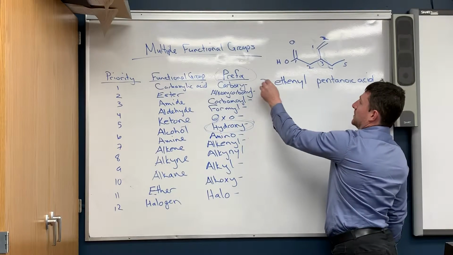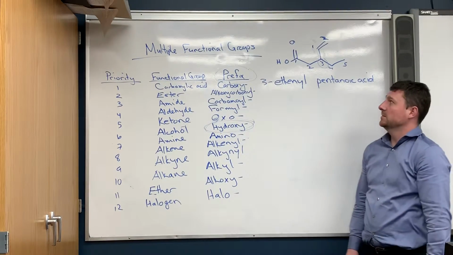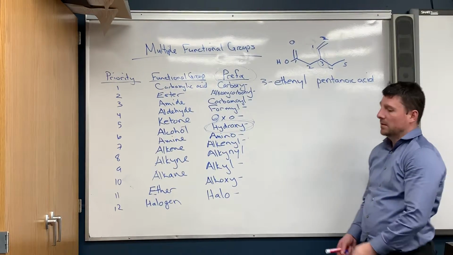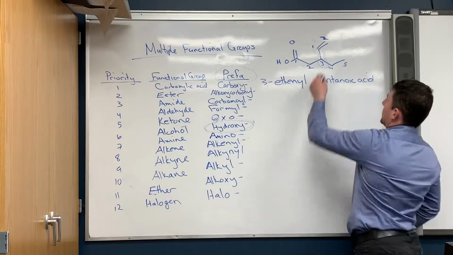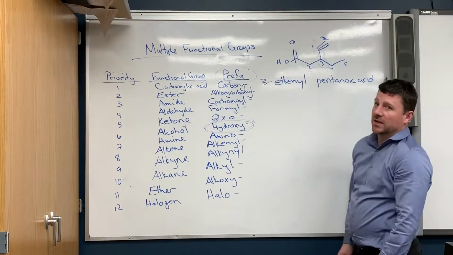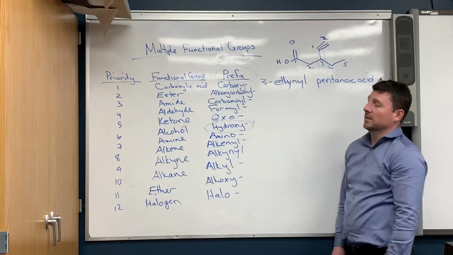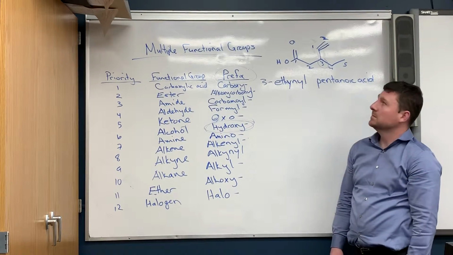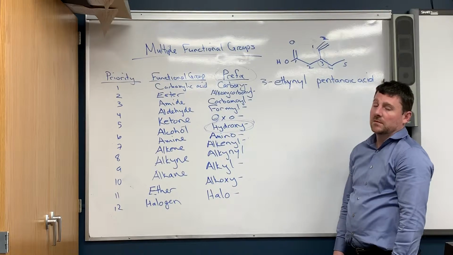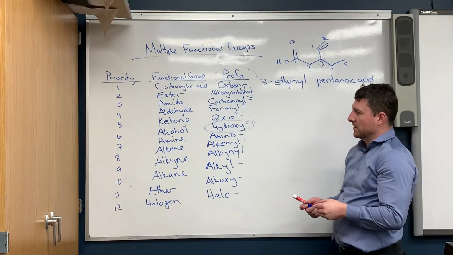And it's on the 3rd carbon, so it's 3-ethenylpentanoic acid. And I could just as easily make it a triple bond, in which case it would be ethynylpentanoic acid, and you can see how this is all going.